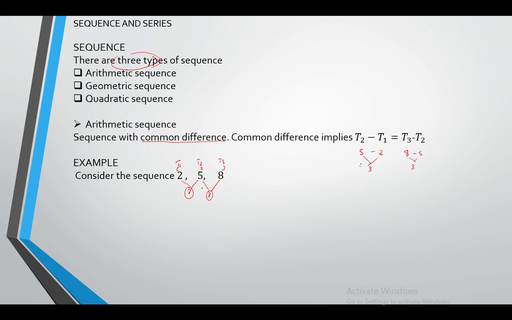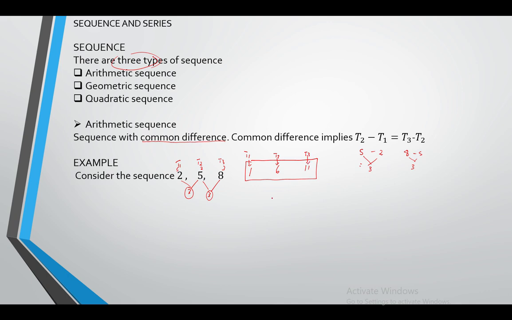It's very important, guys, to understand this one. Let's say we have the sequence 1, 6, 11. What is term 1? It's 1. Term 2 is 6. Term 3 is 11.